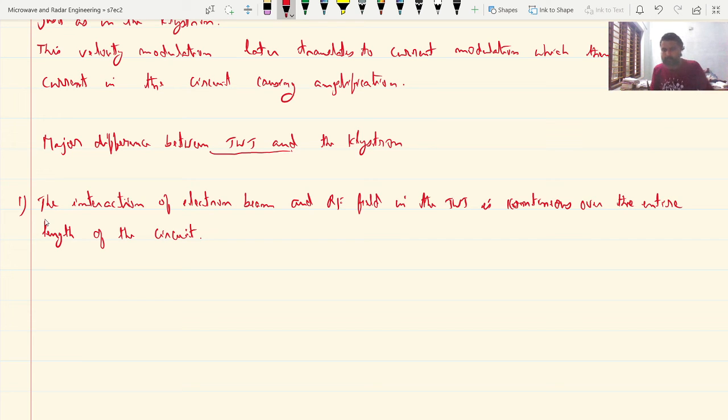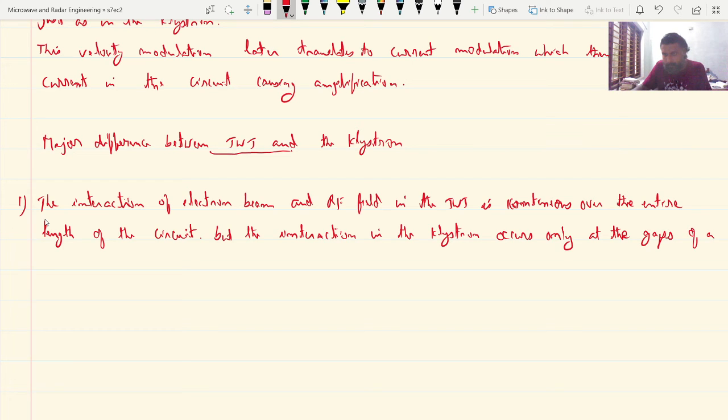But the interaction in the klystron occurs only at the gaps of a few resonant cavities.